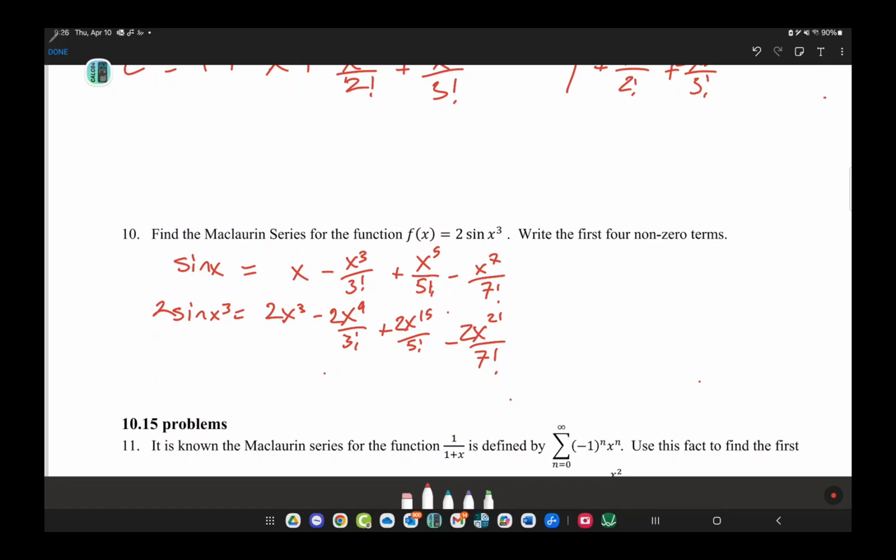You can simplify this a little further if you want, but I'm not sure there's a reason to. If the 2 is inside the parentheses, yes, but the 2 is not inside the parentheses. Yeah. Then we would, okay.